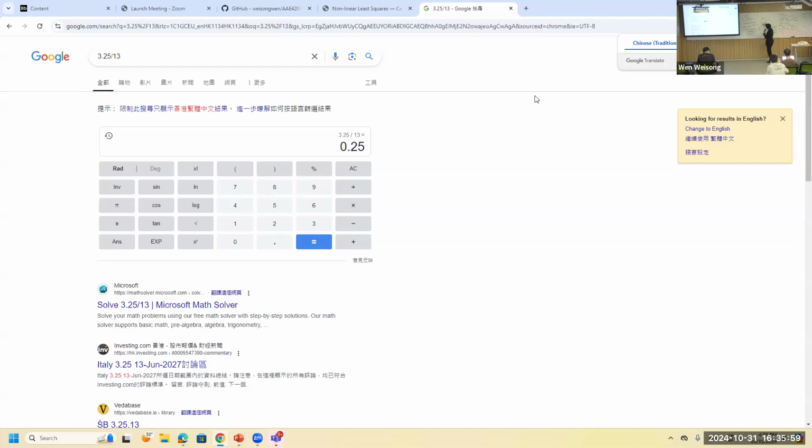You see, the value is much closer to the exact solution, right? So if you do the iteration two more times, the value will be equivalent to this one. Okay, so it's clear for this page, right?